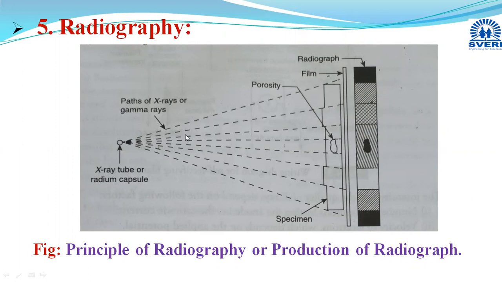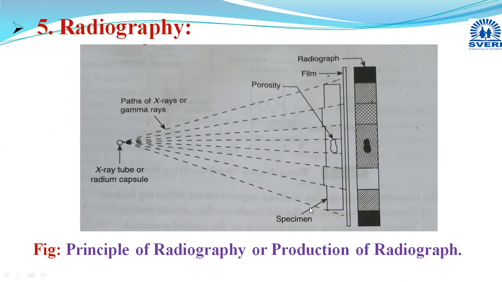These radiations pass through the component and are collected on a film, and whichever pattern is there is collected on the film. That film is developed and we get different spots on it. If a defect is there, it can be identified as a darker region, because here the absorbing power of that material is different.